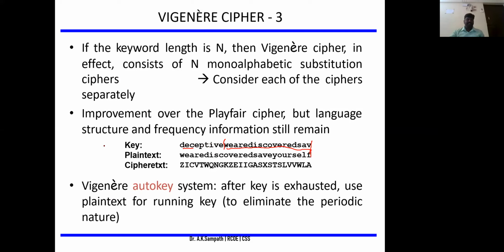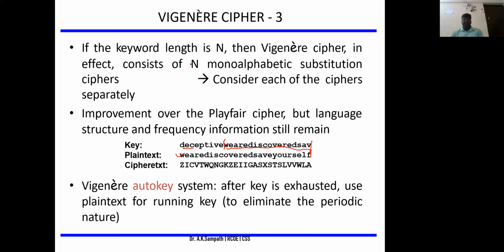What is the plain text? We are discovered, save yourself. But what was the keyword we used in the polyalphabetic cipher? Deceptive, deceptive, deceptive, which has to be repeated to a length equal to the length of the, sorry, the plain text.